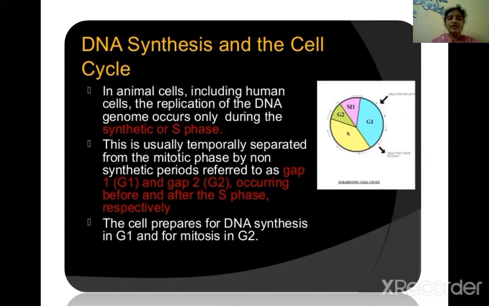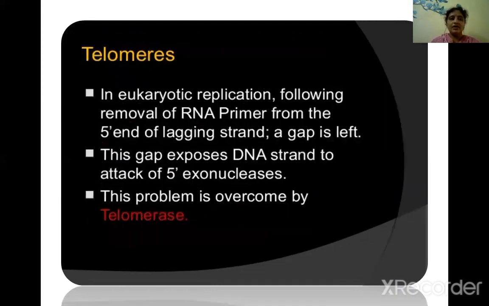This is usually temporally separated from the mitotic phase by the periods referred to as G1 phase and G2 phase, occurring before and after the S phase respectively. This is clear in this picture. The cell prepares for DNA synthesis in G1 phase and for mitosis in G2 phase.